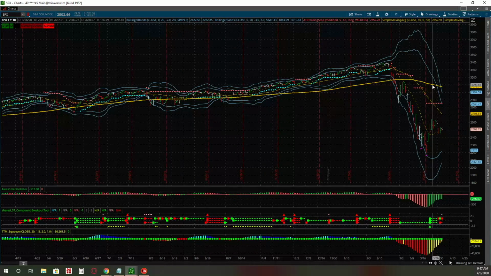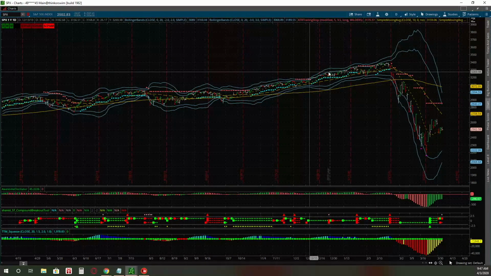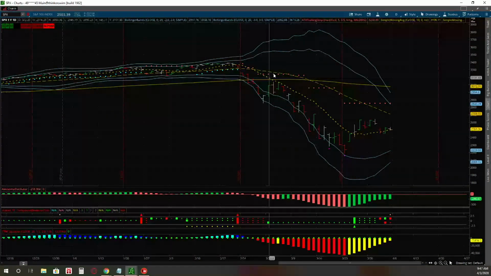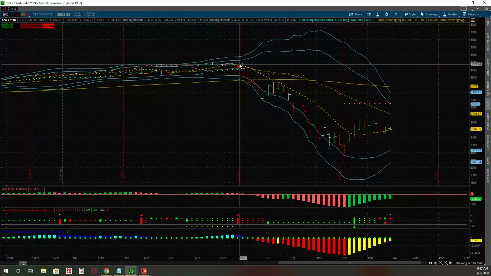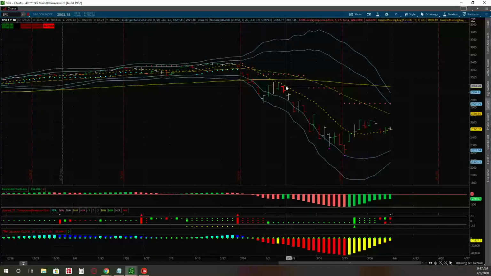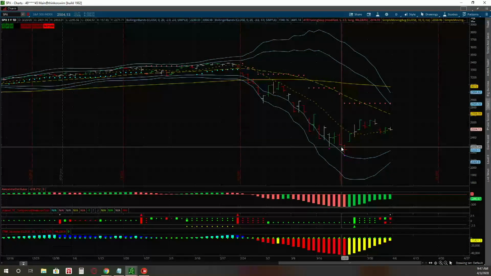The short dashed line is my 10 period simple moving average, the longer dashed line is my 30 period simple, and the solid line is my 100. So it works up from the smallest being the dashed to the longer, with the 100 period simple being the solid line up at top.